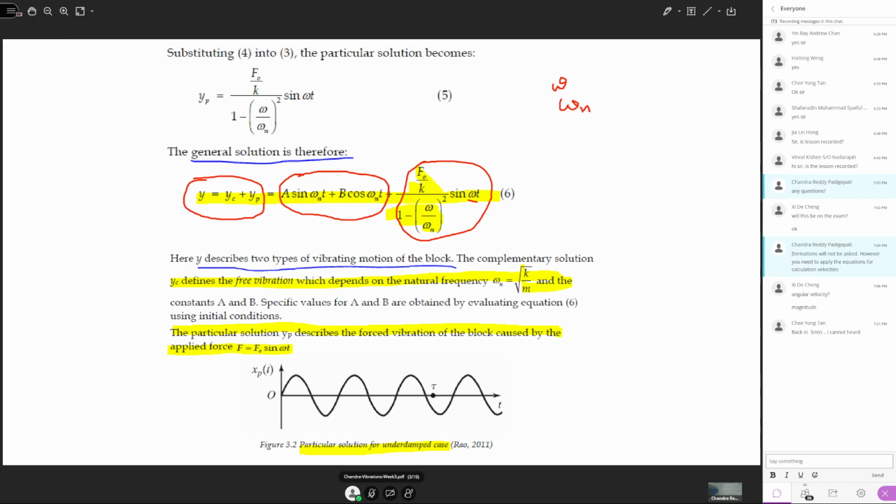Then omega d is the damped natural frequency. Generally we combine these things and define the ratio R as omega over omega n. This R will be introduced one or two slides later.